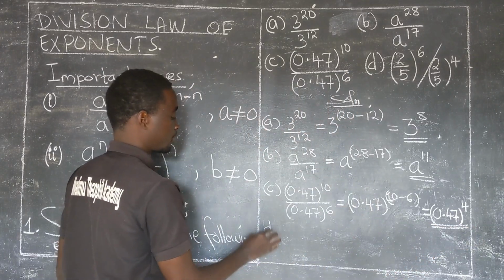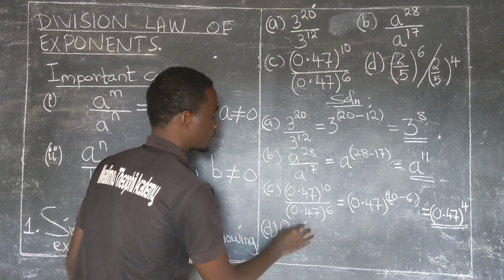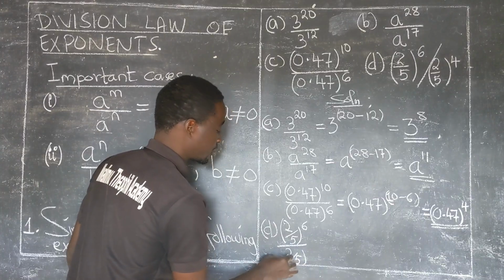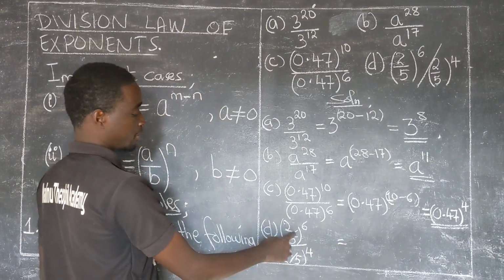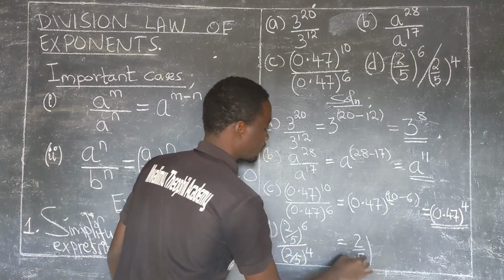The last one, part D. In D, we are given 2 divided by 5, raised to 6, over 2 divided by 5, raised to 4. As here we have the same base, we take a single base, which is 2 divided by 5.